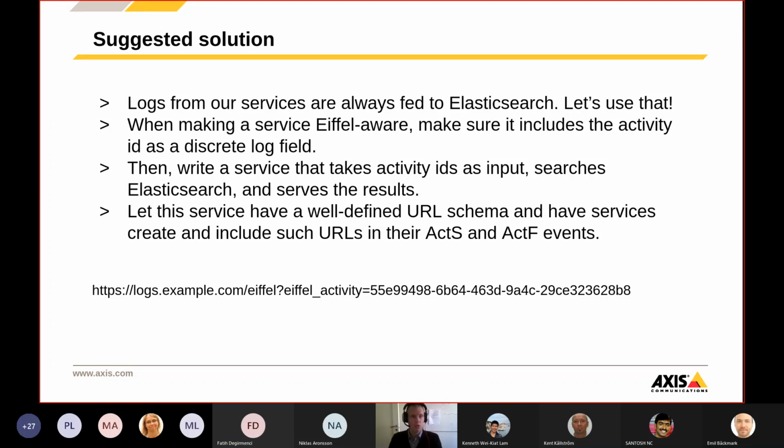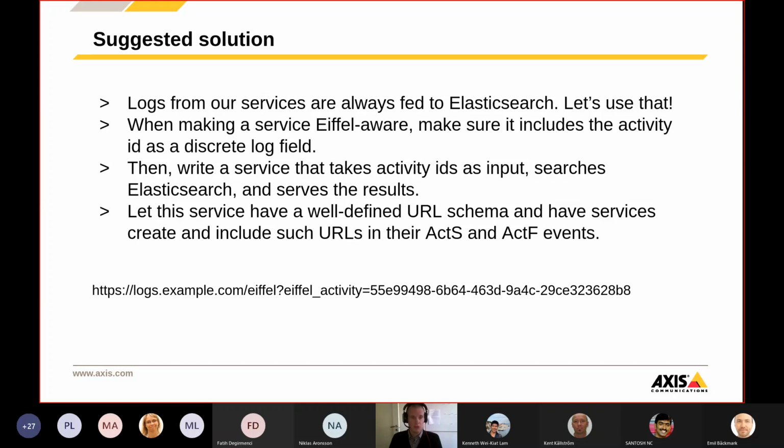So instead, what we suggest is that we already feed all our logs from our services to Elasticsearch. So why not use that? When we make such a service that's accessed through an API and used by other Eiffel activities Eiffel aware, in other words, have it emit activity events, we make sure it includes the activity ID as a discrete log field when it's logging, thereby tagging each log entry with the Eiffel activity that it's part of.